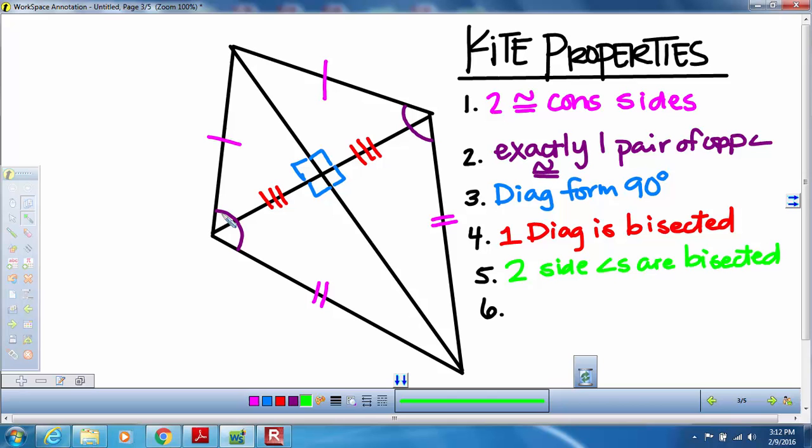So these 2 are bisected, which means this piece is congruent to this piece, and this piece is congruent to this piece. Now, the last property that it holds is the fact that it forms 2 isosceles triangles. So we're going to put 2 isosceles triangles.